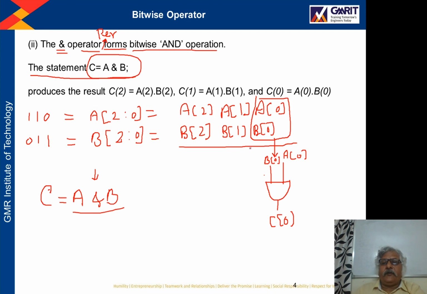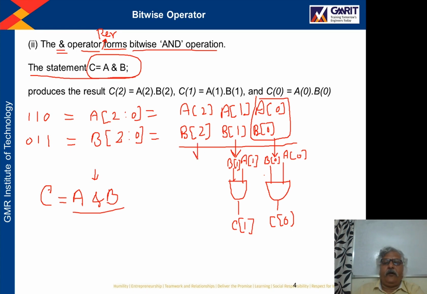And for performing AND operation over this middle bit A1 and B1, another hardware AND gate will be created, right? So this will have two inputs, A1 and B1, and the output is assigned to C1, right?